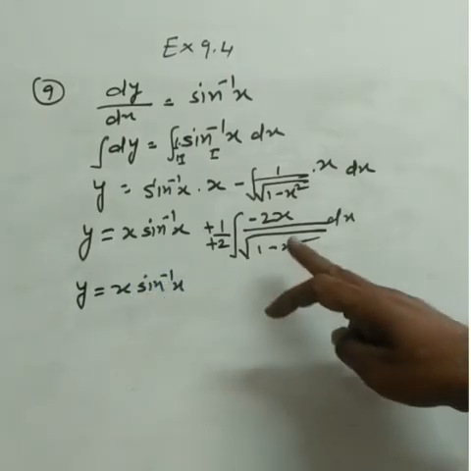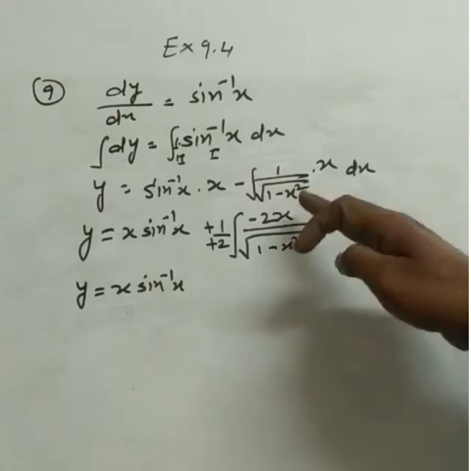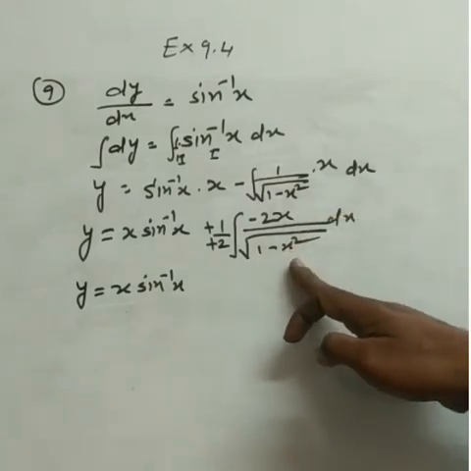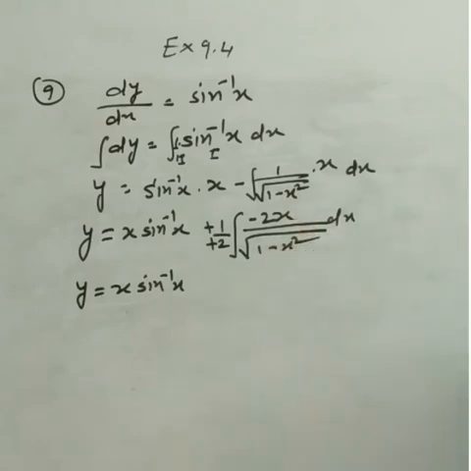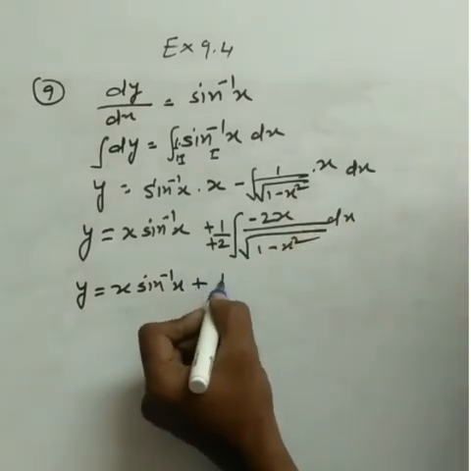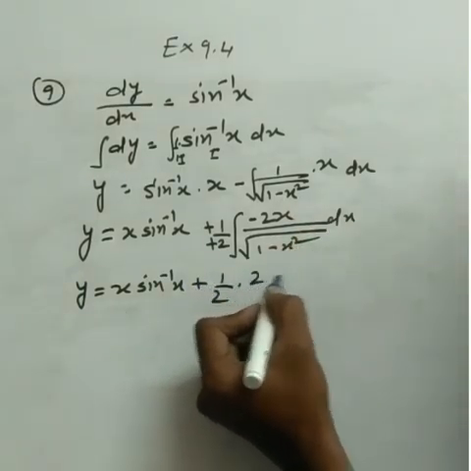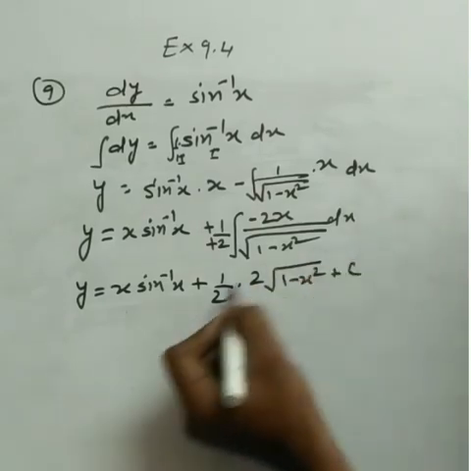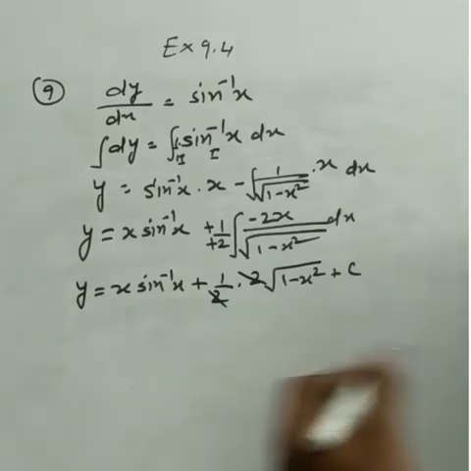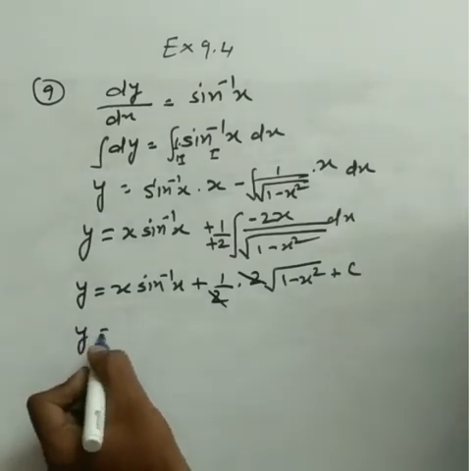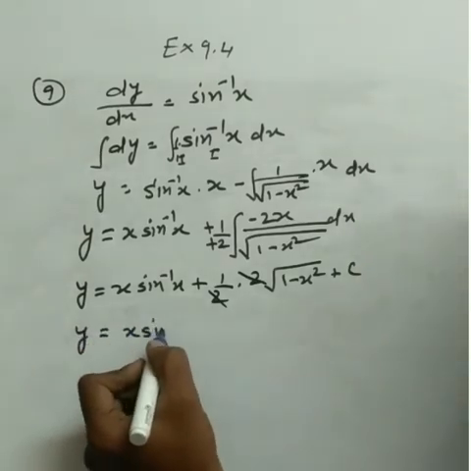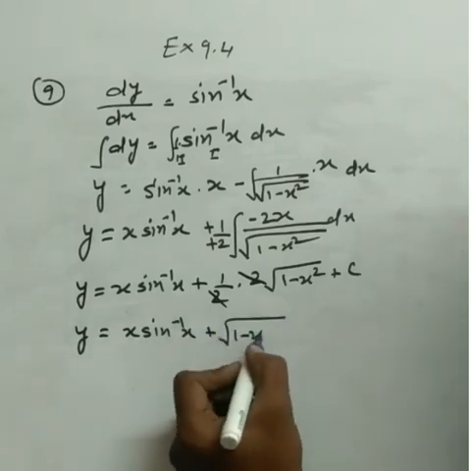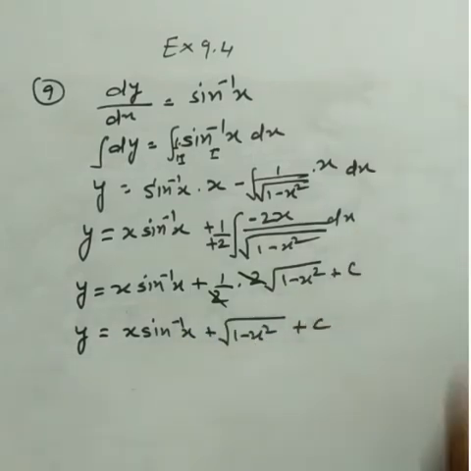If we take this term as t, then it becomes dt. So it is dt upon root t. dt upon root t is 2 root t. So the integration will be 2 root of 1 minus x square and plus c. 2 is cancelled with this 2. So the answer is y equals x sine inverse of x plus root of 1 minus x square, and plus c.